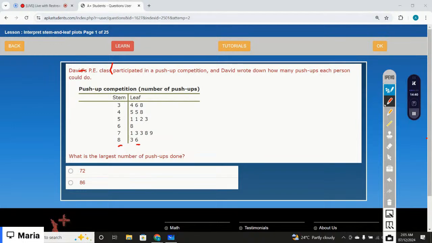Got it? That is option number 2. 86 it is. Option number 2 is the correct option.